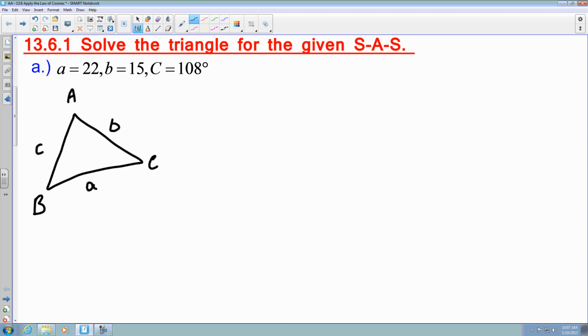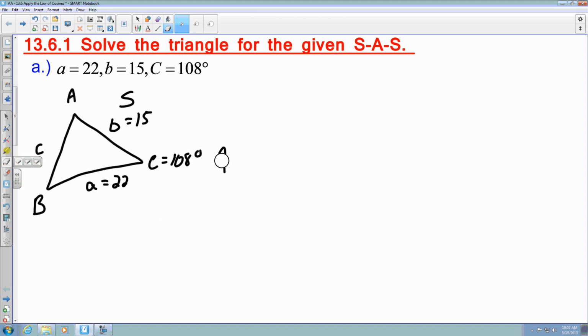Now I'll fill in the givens: a equals 22, b equals 15, and C equals 108 degrees. So this is side, angle, side. That's where they get the side, angle, side from.